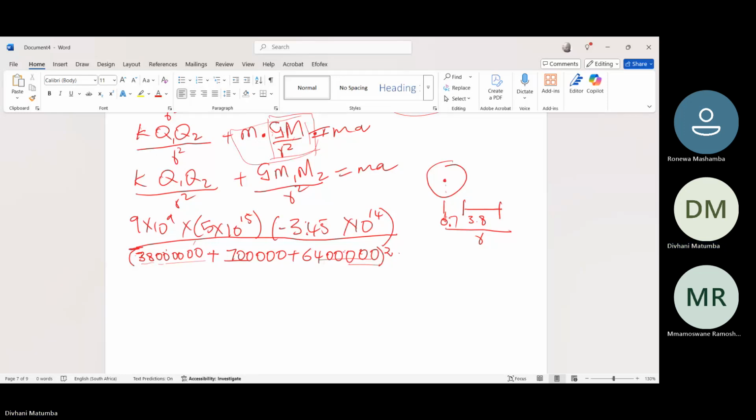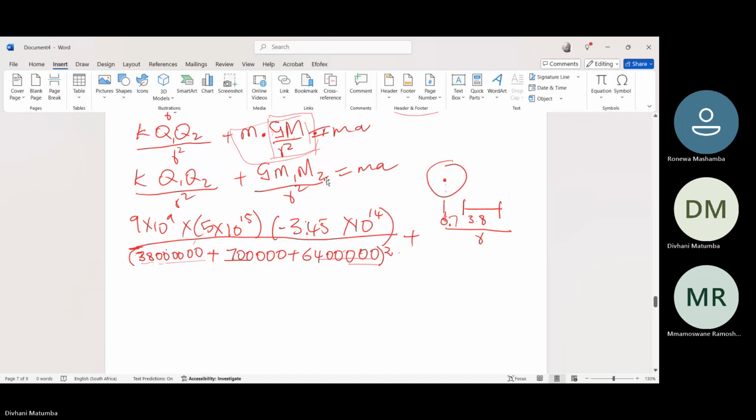Okay, then plus the value of this is our planet. Okay, the value of G is 6.67, right? 6.67 times 10 to the power of minus 11, times what is the mass of the other planet?